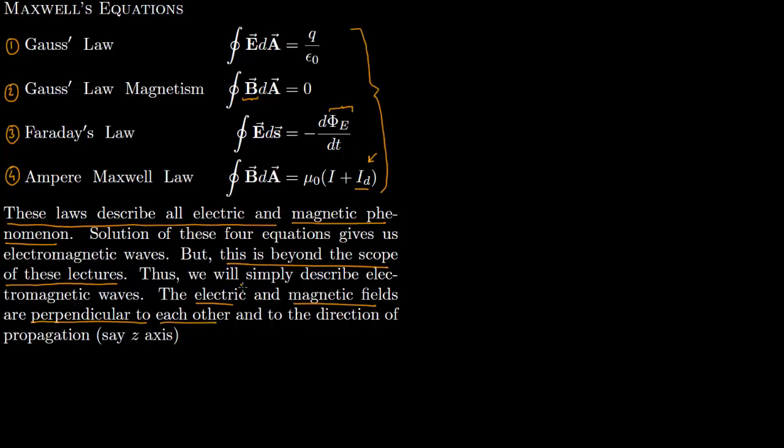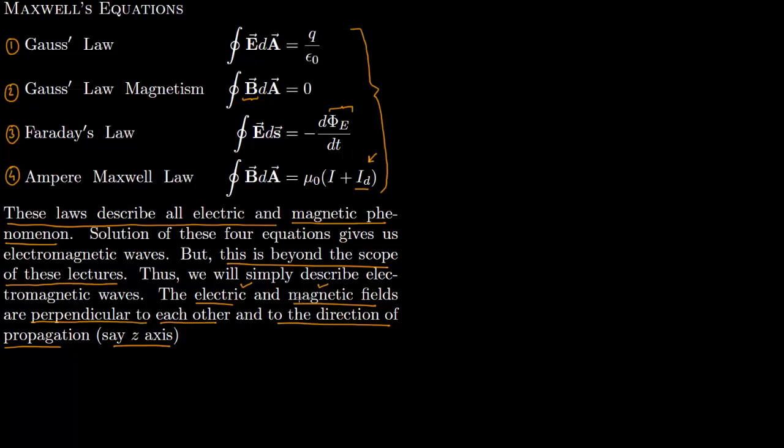So the electric field is perpendicular to the magnetic field and to the direction of propagation. So say you're propagating in the z-axis. That means the electric field is perpendicular to the z-axis, the magnetic field is perpendicular to the z-axis, and then the electric field and magnetic field are perpendicular to each other.